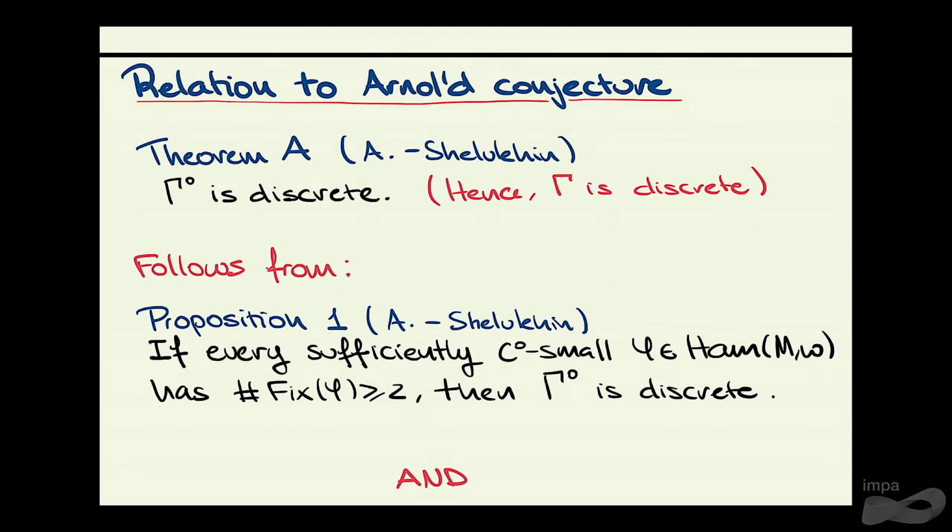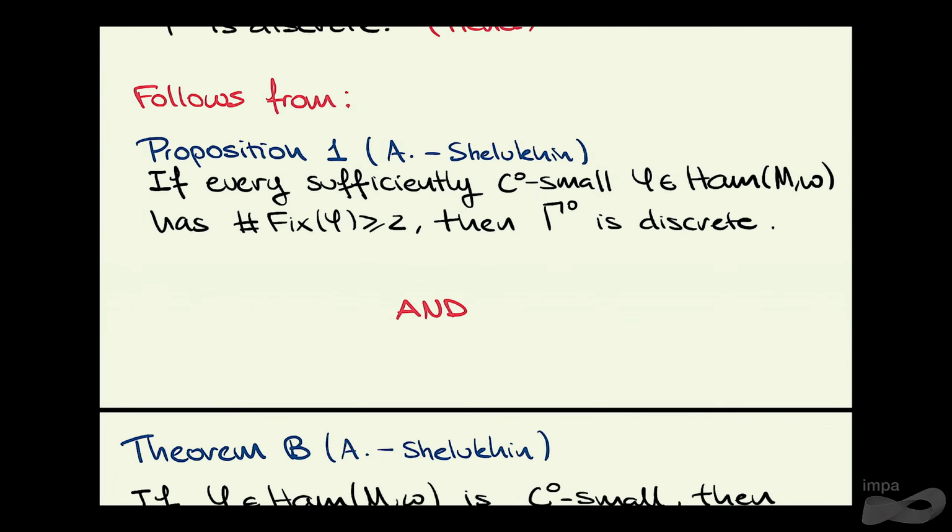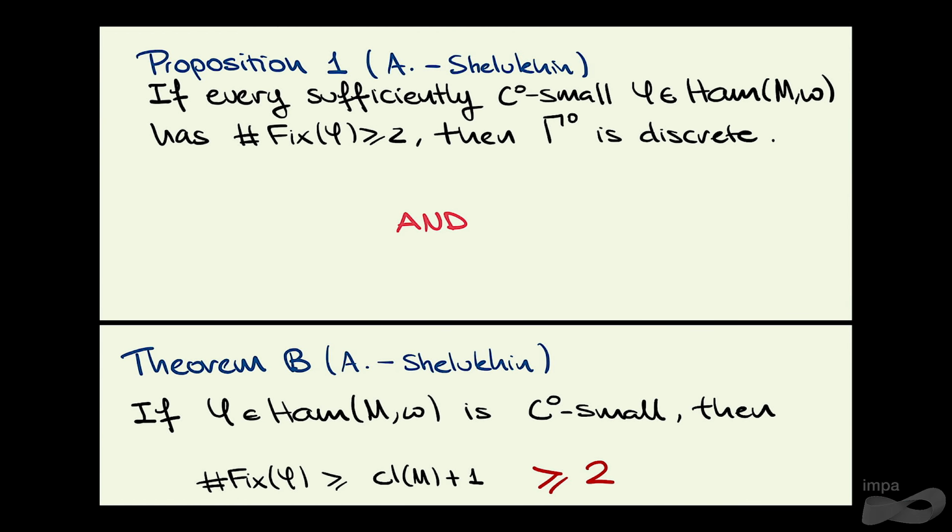And the second statement here is that if phi is a C0 small Hamiltonian diffeomorphism, then the number of fixed points is bounded below by the cup length plus 1. And like I said before, this is greater than or equal to n plus 1. So in particular, this is greater than or equal to 2, which is what we need for proposition 1.